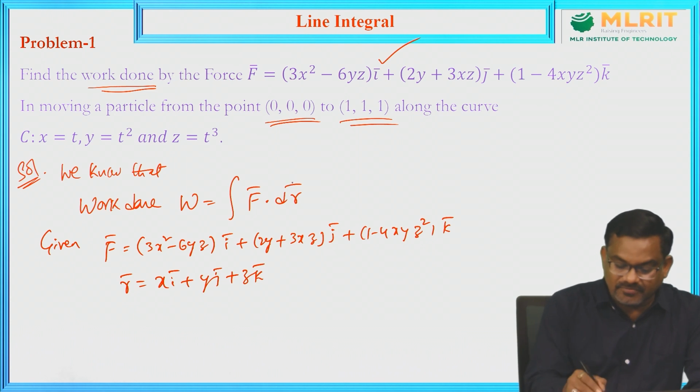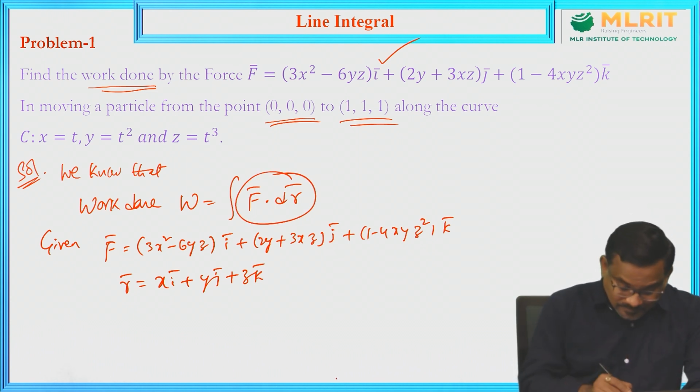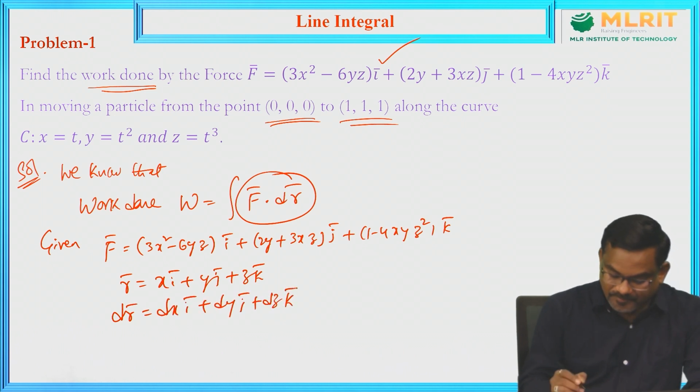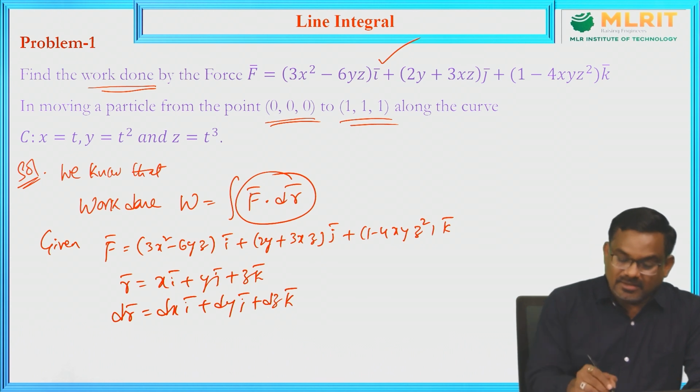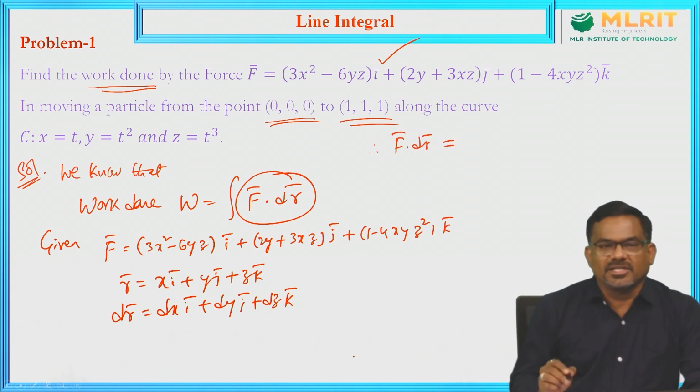To find the work done, first we need to find this F bar dot dr bar. So, dr bar is dx i bar plus dy j bar plus dz k bar. Therefore, we need to calculate F bar dot dr bar first, the dot product between two vectors, which results in a scalar.